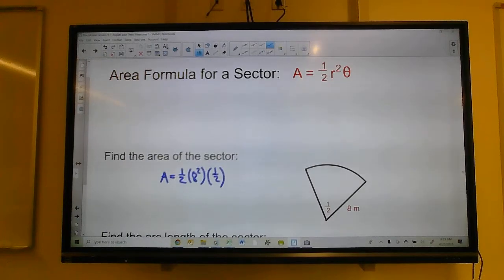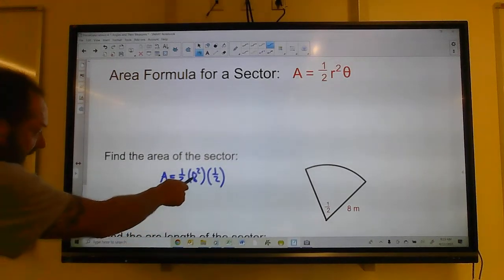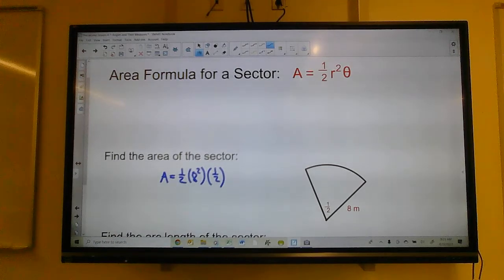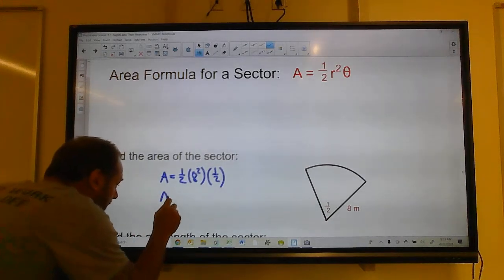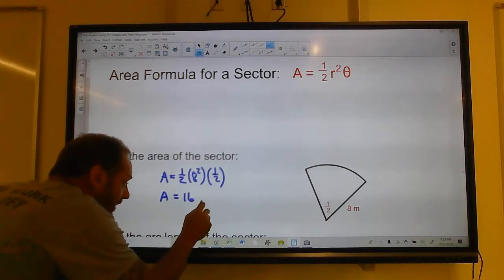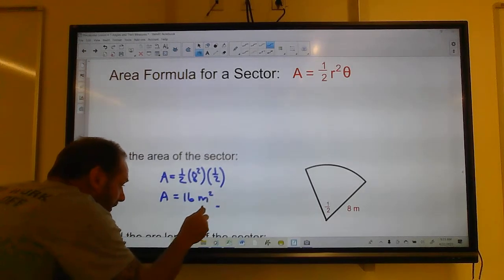So 1/2 of 1/2 would be 1/4, and that's 64. 1/4 of 64 would be 16. So the area would be 16 square meters.